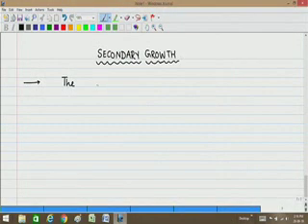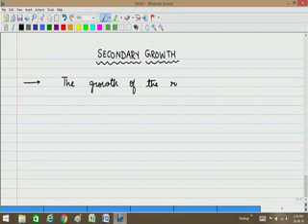First of all, please write: the growth of the roots and stems in length is called primary growth.